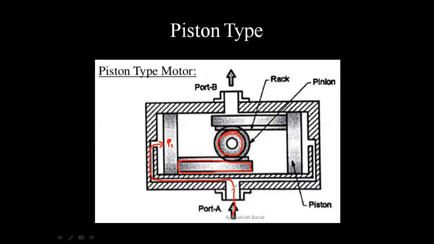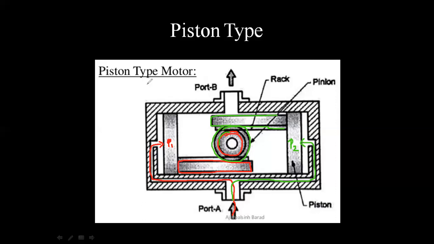Another kind of flow: it is directed to this portion, and then it strikes the piston here. When it strikes the piston, the rack present here tends to rotate. Due to this rotation, the pinion also rotates. So you are involving two pistons, two rack and pinion arrangements, where the rotation multiplies.